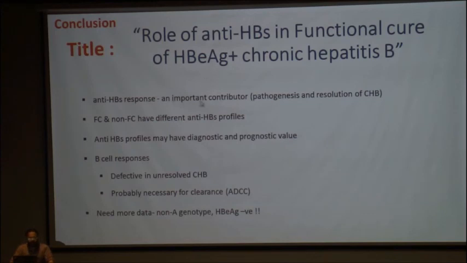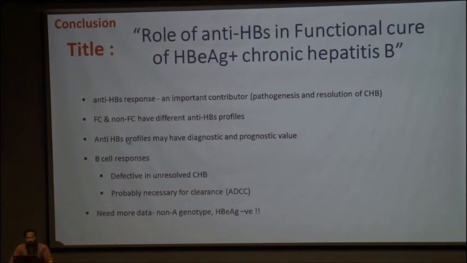The anti-HBs response is an important contributor in both the pathogenesis and resolution of chronic hepatitis B. Functional cure and non-functional cure have different anti-HBs profiles. Anti-HBs profiles may have both diagnostic and prognostic value. B cell responses are defective in unresolved chronic hepatitis B, and are probably necessary for clearance of hepatitis B with antibody-dependent cytotoxic clearance.